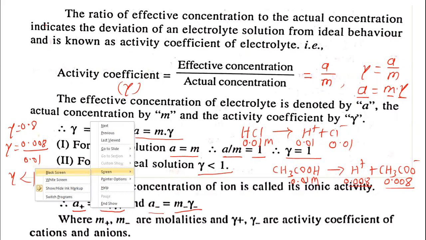A positive is the activity of the cation, and A negative is the activity of the anion.